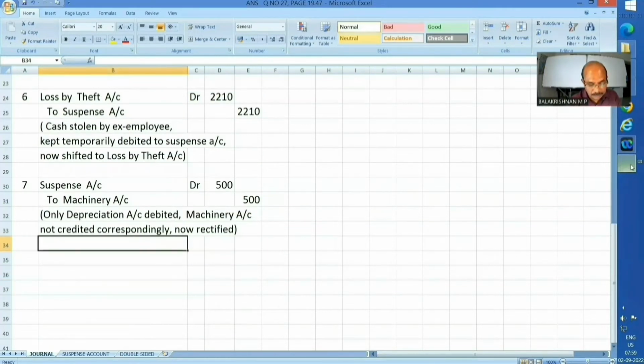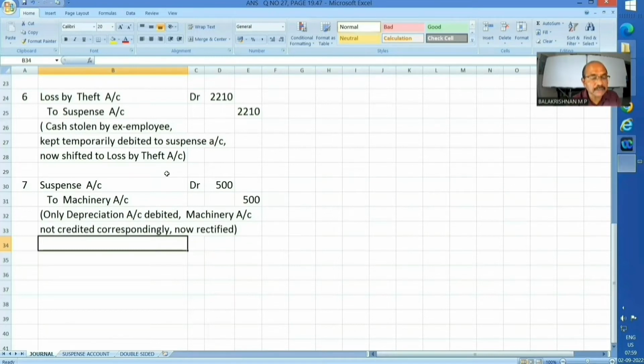Next one. A sum of rupees 2,210 stolen by an ex-employee stands debited to suspense account. Rectification entry: loss by theft account debtor 2,210 to suspense account 2,210. Let me explain the story behind it.